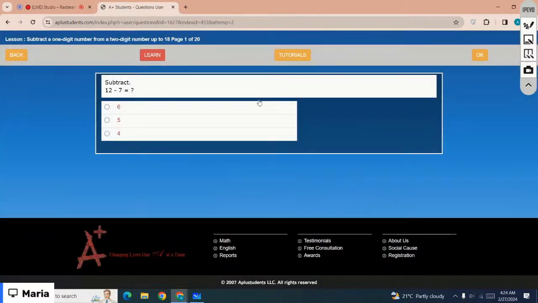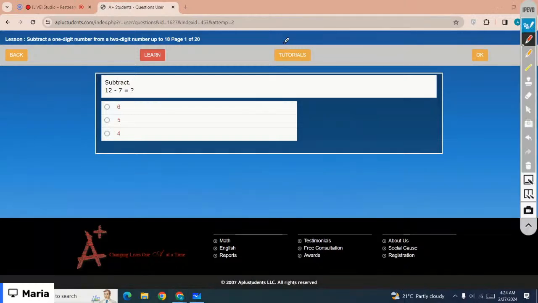Okay, subtract 12 take away 7. So which is the correct option? You have to start with 12 and count back until 7, right? So 12, 11, 10, 9, 8, 7. No, you have to subtract 7, you don't have to count until 7.